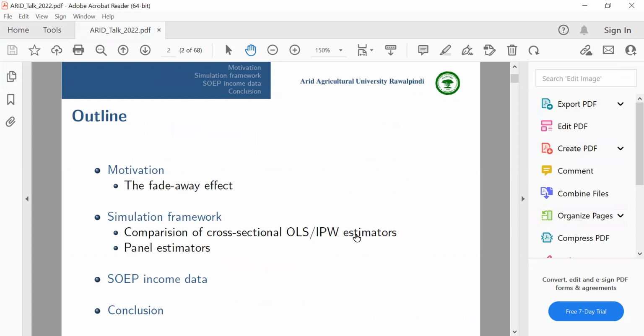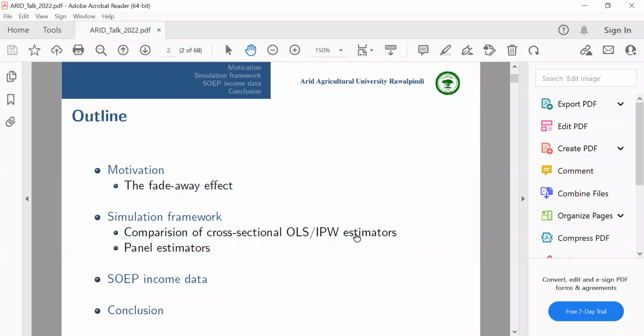So before discussing the outline of the study, I would like to discuss what is meant by the fade-away effect and what is meant by non-response in survey. In practice, almost every survey suffers from a substantial non-response.